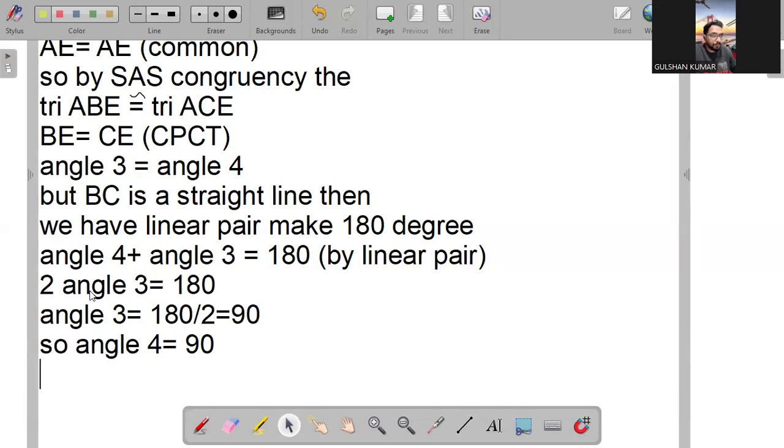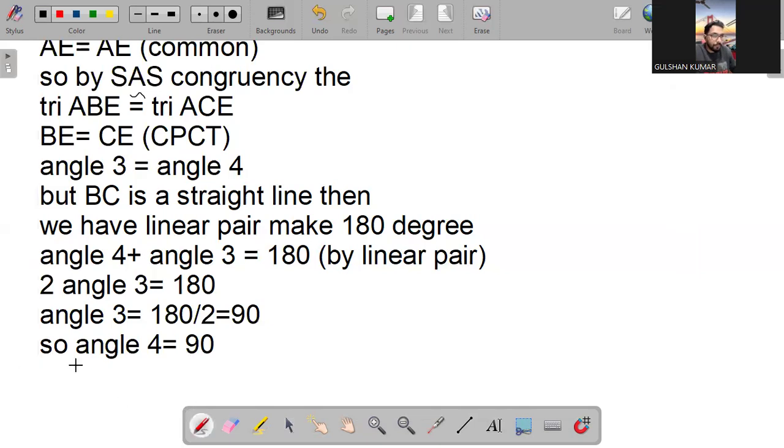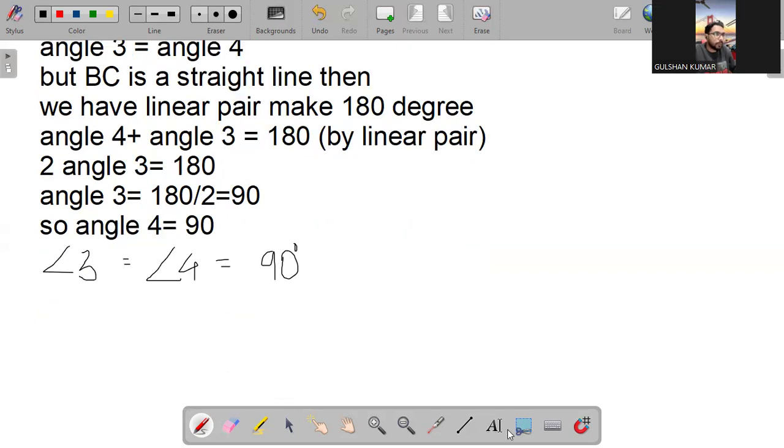So angle 3 equals angle 4 equals 90 degrees. That is clear here.